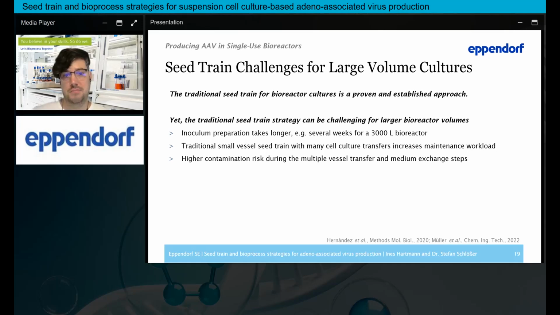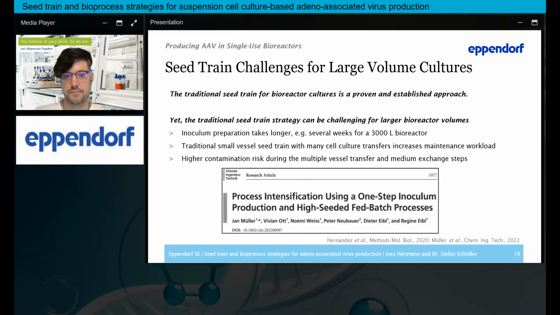And this means you need to constantly transfer your culture many times. You need to change the medium many times. And this not only increases the maintenance workload, it also increases the risk of contaminating your inoculum culture.